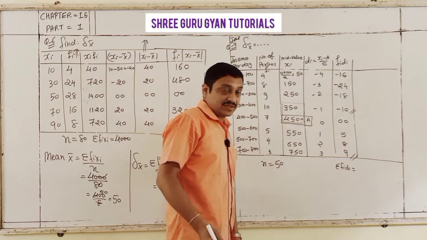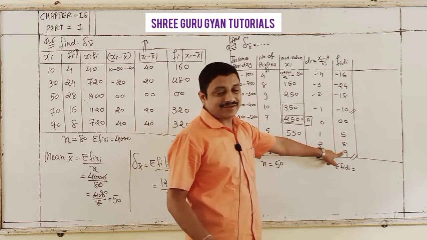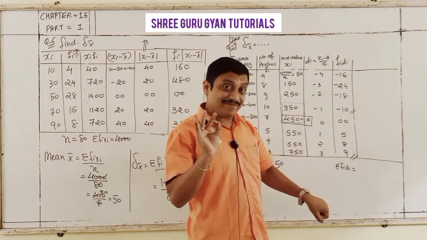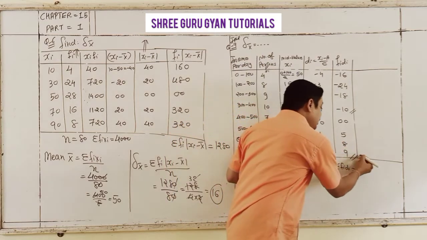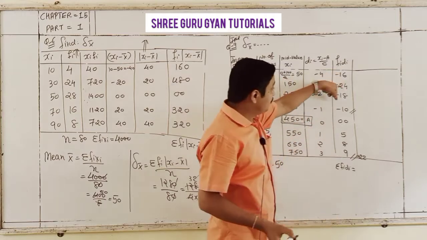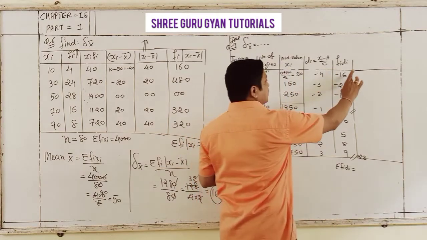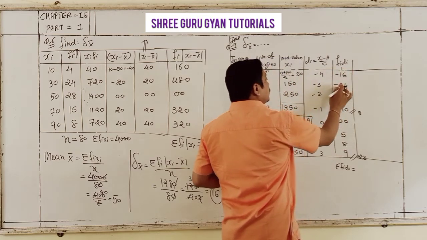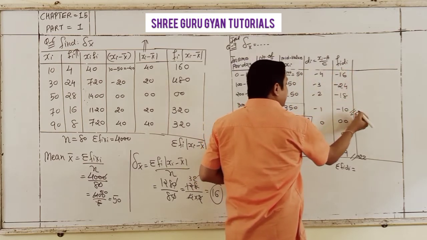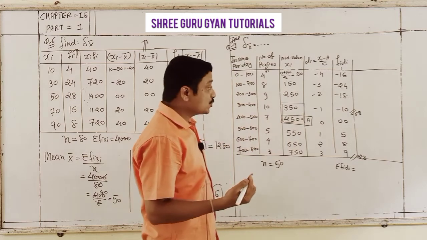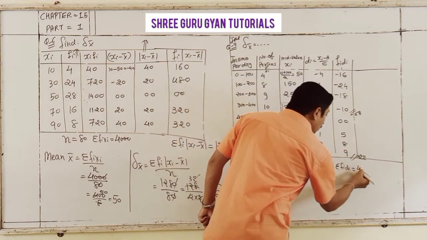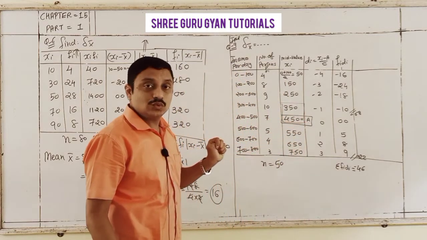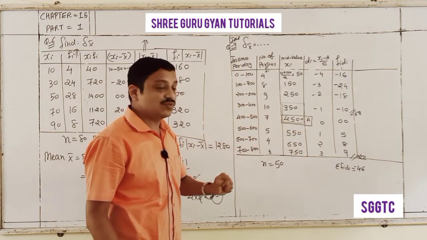These are 8 nines are 72. 8 and 9 is 17, 17 and 5 is 22 plus. The negatives total minus 68, plus 22, so we get minus 46.